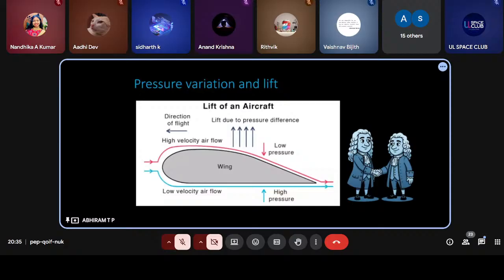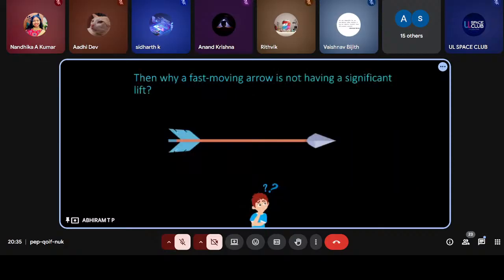So as that is the case, you will definitely wonder why a fast moving bullet or an arrow is not able to generate lift like a plane moving. The answer is pretty easy. If you observe the geometry of an arrow, we can find that it's symmetric. It is symmetric along its axis of motion, right?